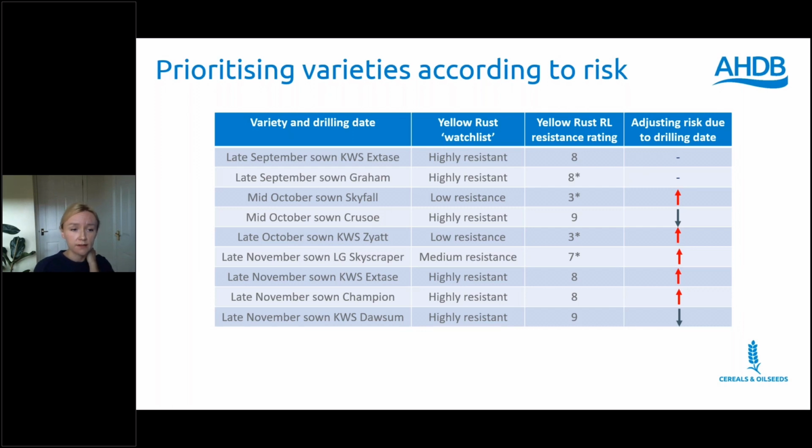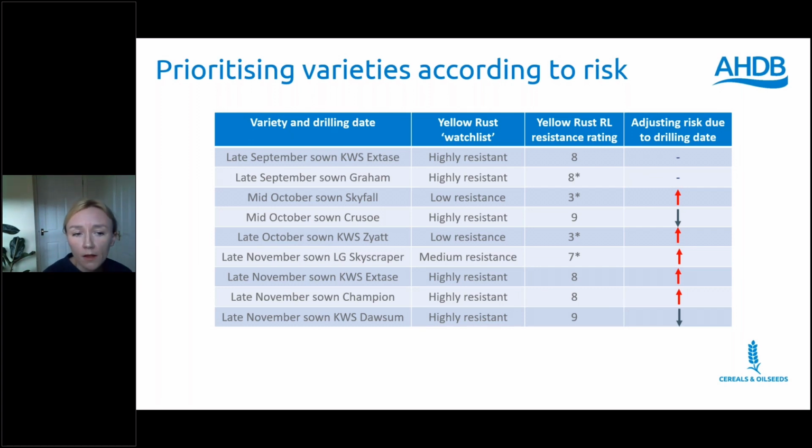Pushing that risk into late November, even with a highly resistant variety, on the seedling tests and the adult plant resistance, will push that risk up a little bit. So you should think about prioritizing that for management. Where something like Champion has good resistance but is late sown, again, you need to prioritize that.